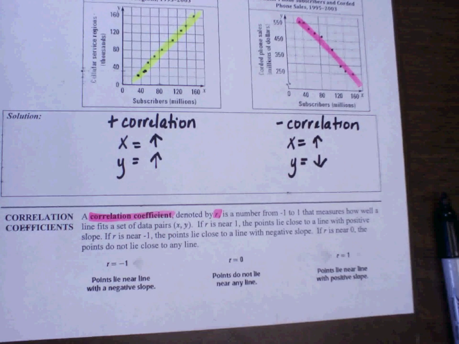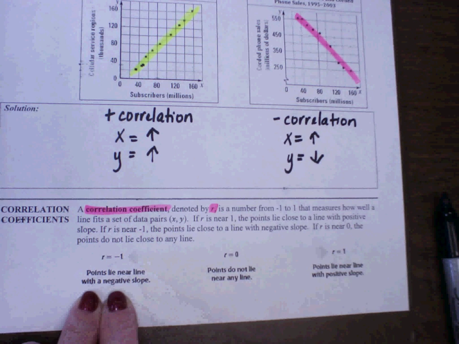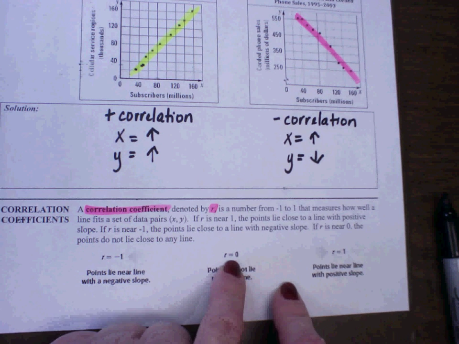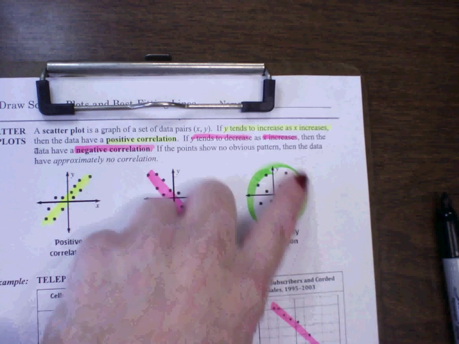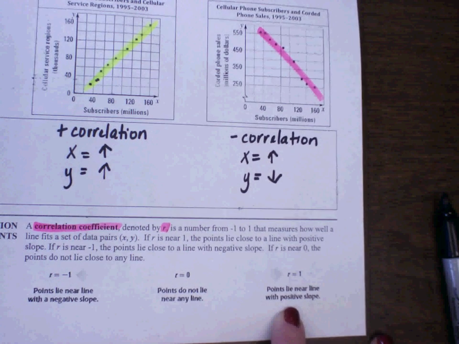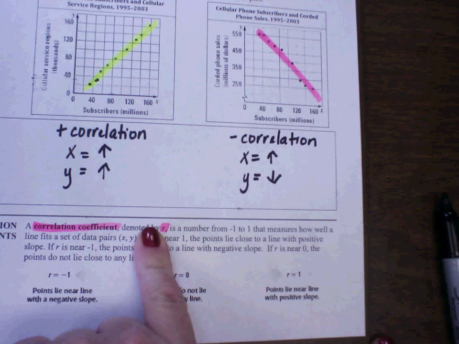They're all over the place, okay? So the correlation coefficient is closer to -1 when it's negative, when it has a negative slope. It's 0 when it's all over the place and there's not a line, or it's +1 when you have a positive slope. Okay, so that's called the R.